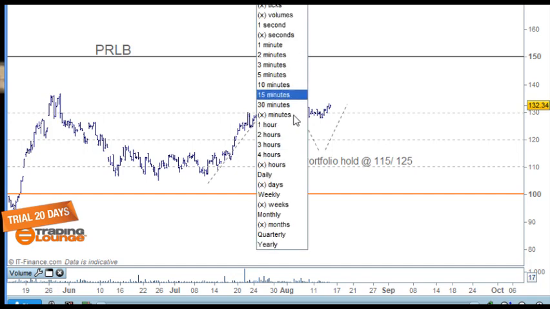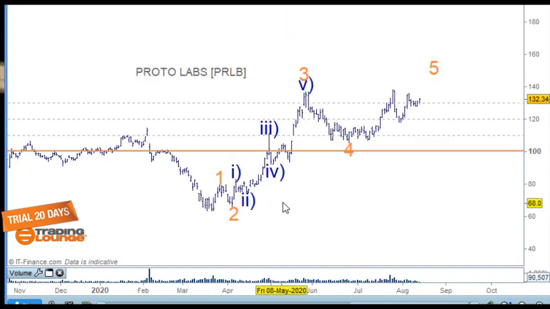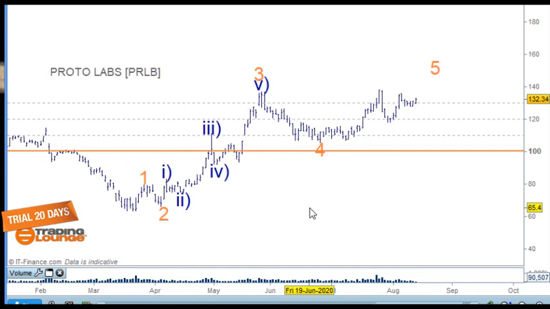Just check the daily chart here for a moment. Yeah, I still need to do a bit of work here as well. I'd like to put wave 4 there, but I can't at this point.